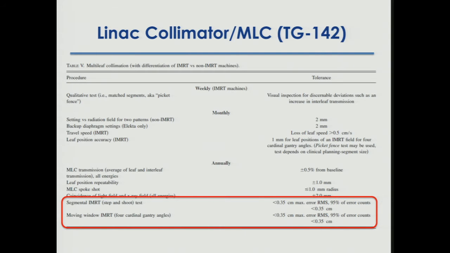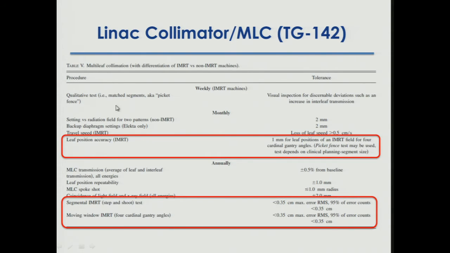How does that relate to the 1 millimeter accuracy of stereotactic radiosurgery delivery? Interestingly enough, if you look at leaf position accuracy, they give you 1 millimeter for leaf position for the 40 cardinal gantry angles in a picket fence test.